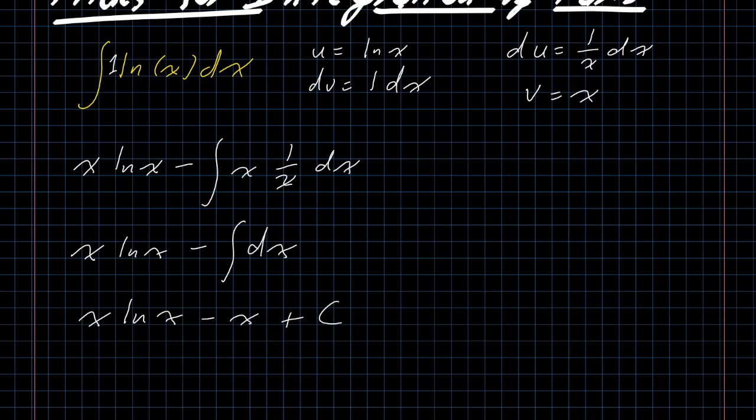Add in our constant of integration, and the integral of the natural log of x is x times the natural log of x minus x plus your constant of integration. Now that you see it, it's fairly straightforward. There's nothing new here, but realizing that you can do integration by parts in the first place is not easy.